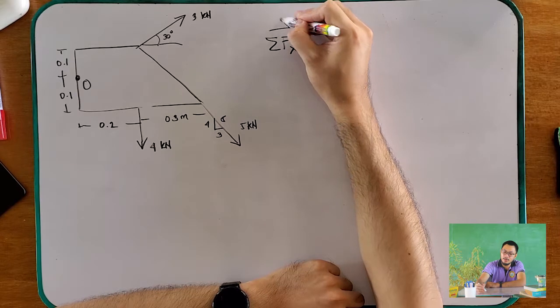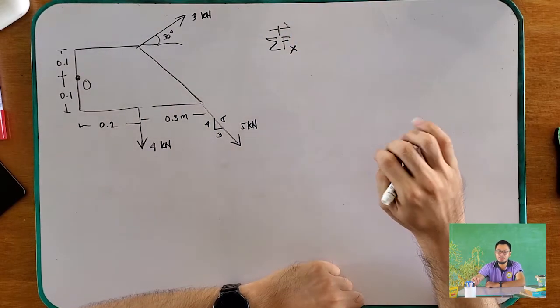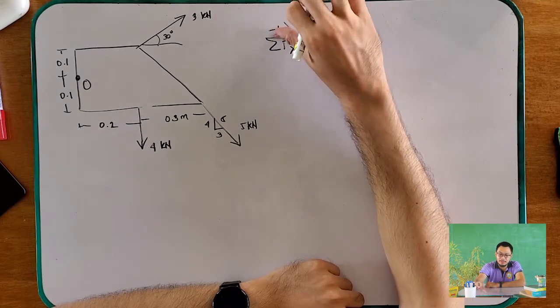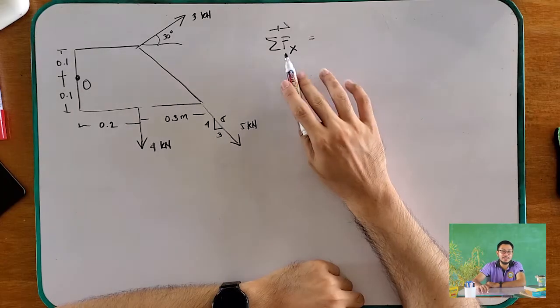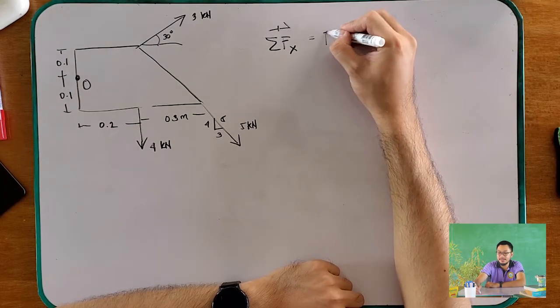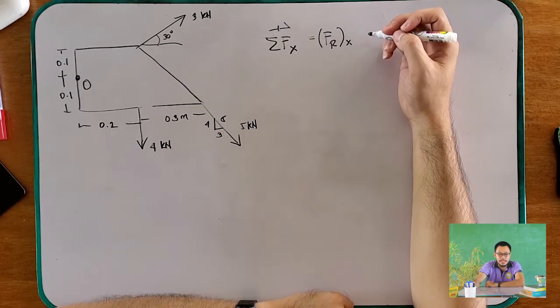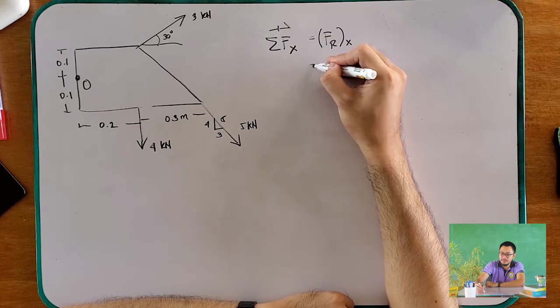And again, take note, we have to assume a positive direction. Ang atong positive direction, let's say, going to the right. So when you sum the forces along the x, then you will get the resultant force along the x.